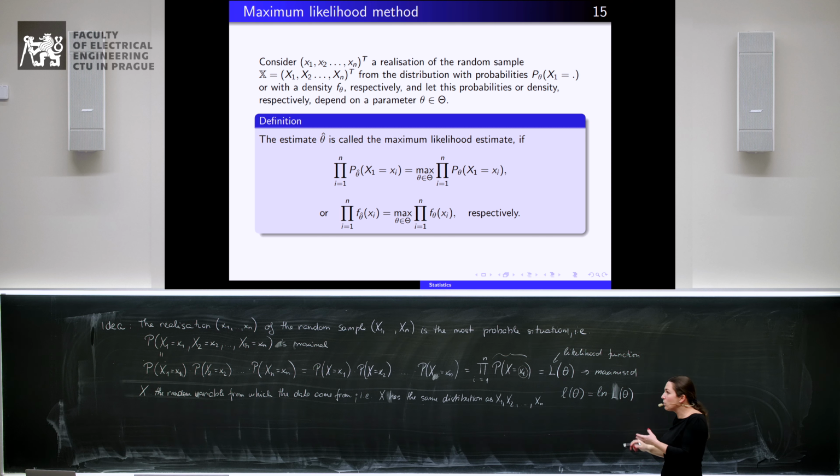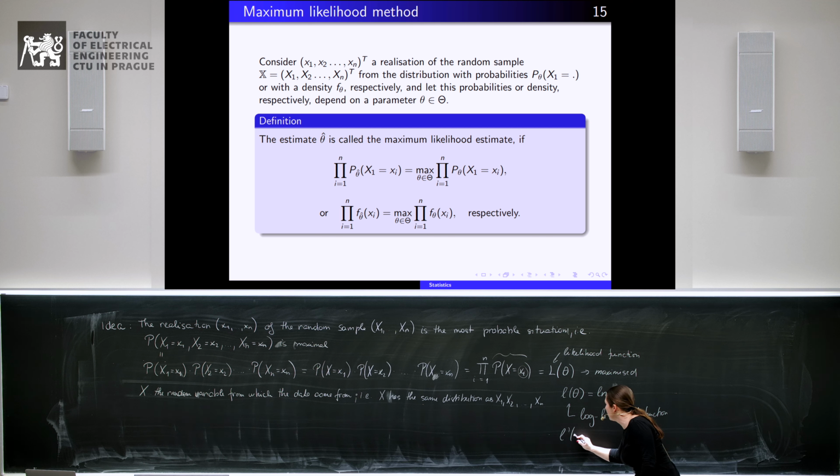Because where is the maximum for the function capital L? There must be the maximum of its logarithm. So instead of this function, we very often maximize this log likelihood function.